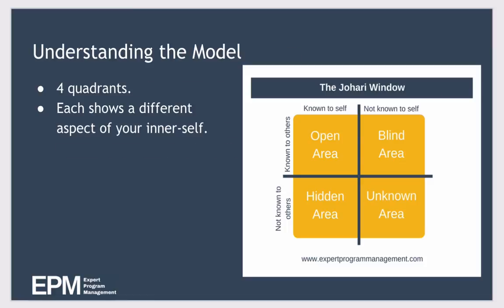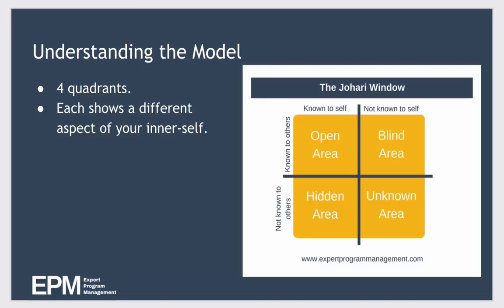So the model itself is based on a simple square, which is broken into 4 equal quadrants, and each quadrant shows a different part of your inner self. Now, a key thing to note is that although each quadrant is the same size when you show the Johari window diagrammatically, the size of each quadrant relative to one another will be different from person to person.